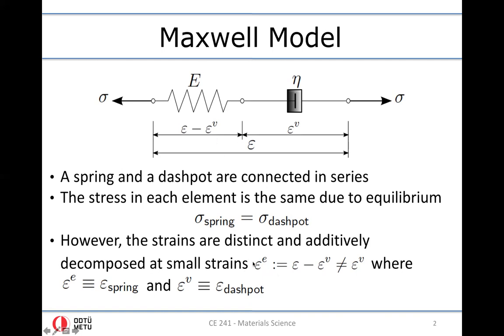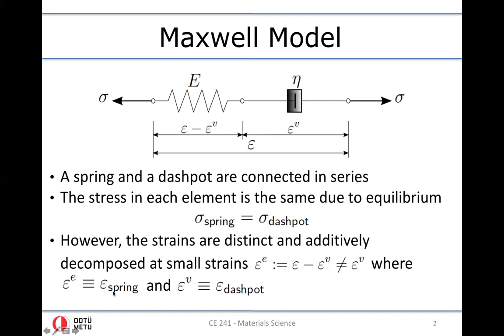So the strain in the spring is denoted by epsilon E, which is defined as the total strain minus the viscous strain, where the viscous strain denotes the strain in the dashpot. Okay, so elastic strain is the strain in the spring.